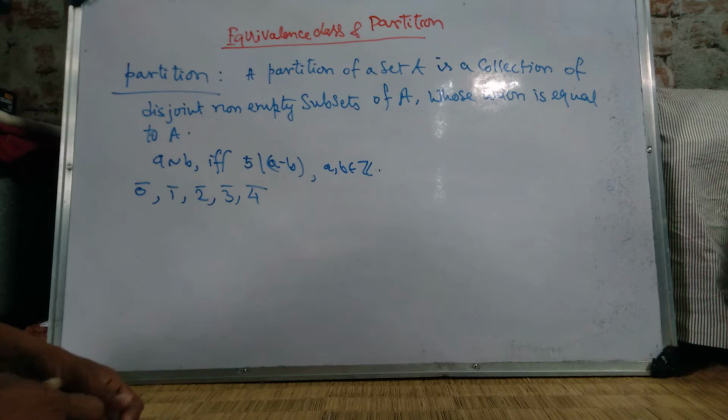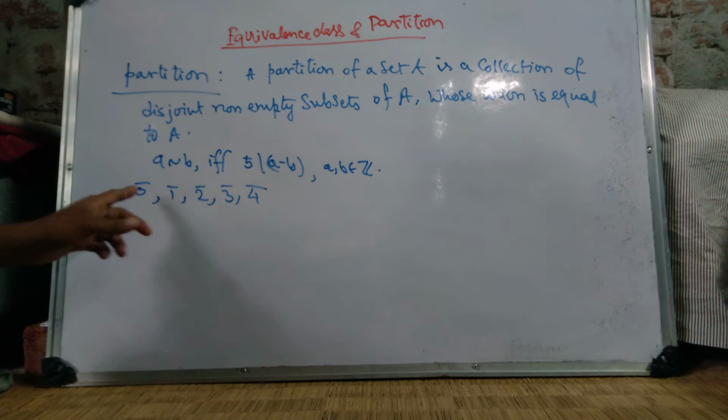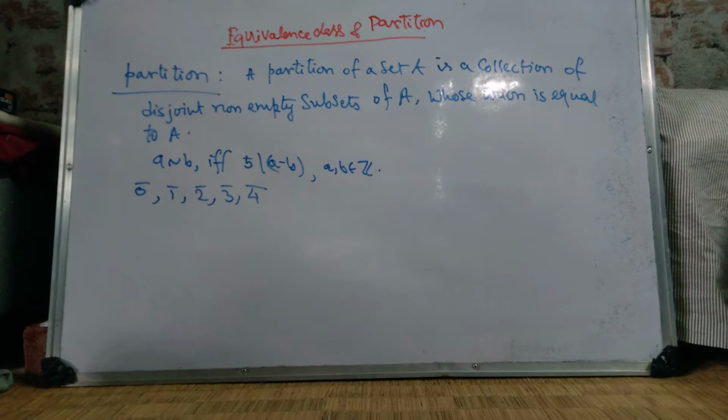In this way we obtain a partition. These are 5 distinct equivalence classes, and those equivalence classes form a partition.